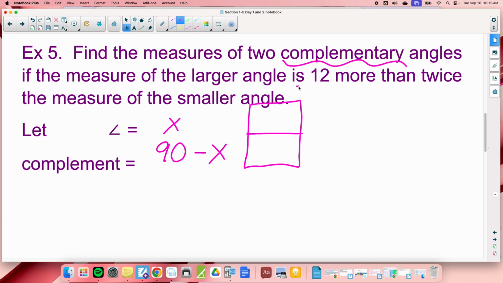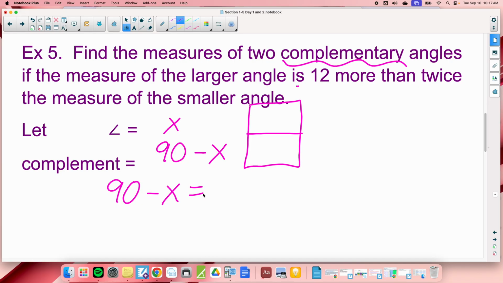If I ever have to set one aside, I set the ugly one aside. So I would say 90 minus x equals. So I'm thinking 90 minus x is my largest one. And it says is 12 more than twice the measure of the smaller.